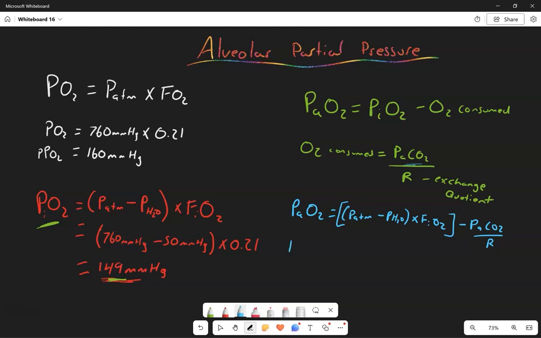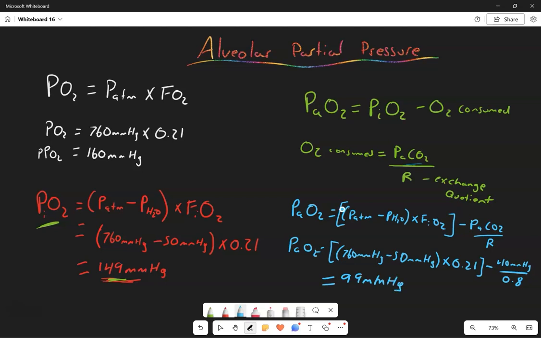So if we plug some numbers in, PaO2 is equal to 760 millimeters of mercury minus our 50 millimeters of mercury for our water vapor, times our 21% that is oxygen, minus the 40 millimeters of mercury for the partial pressure of carbon dioxide divided by 0.8 for the exchange quotient, which equals about 99 millimeters of mercury.